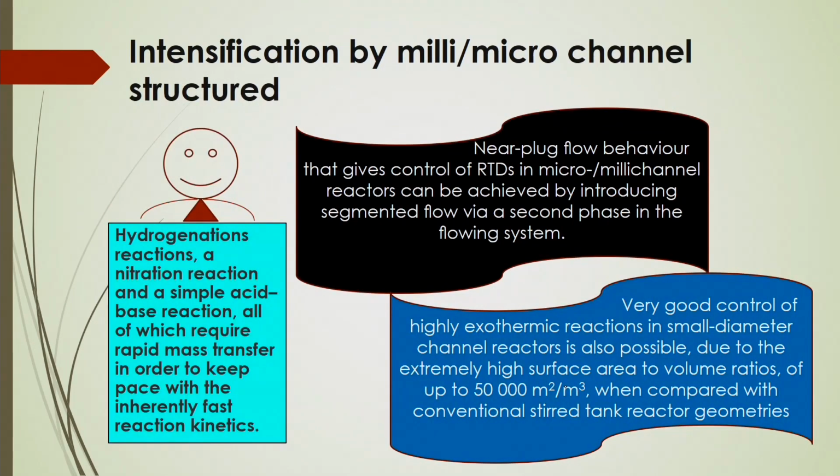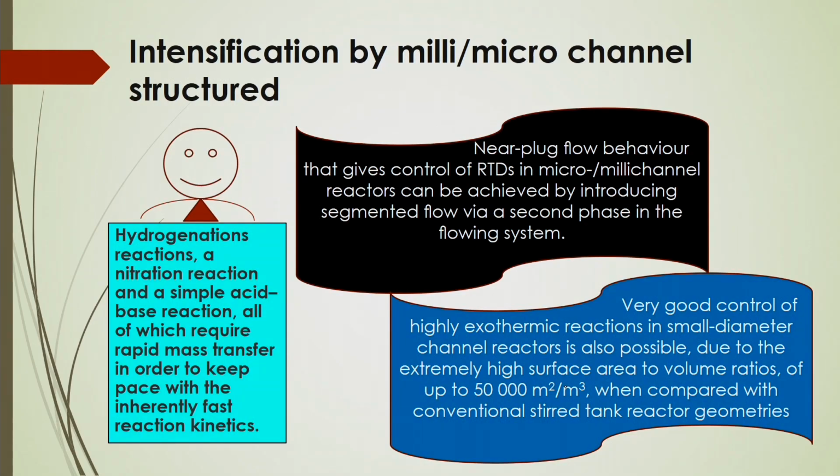Reactions like hydrogenation, nitration, and a simple acid base reaction all require rapid mass transfer in order to keep pace with the inherently fast reaction kinetics. So, these types of reactions are suitable in micro scale reactors like milli-channel or micro channel based reactors.